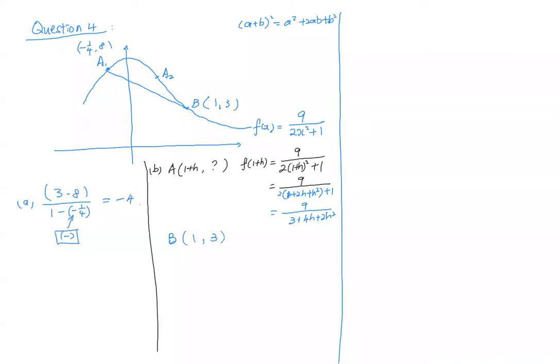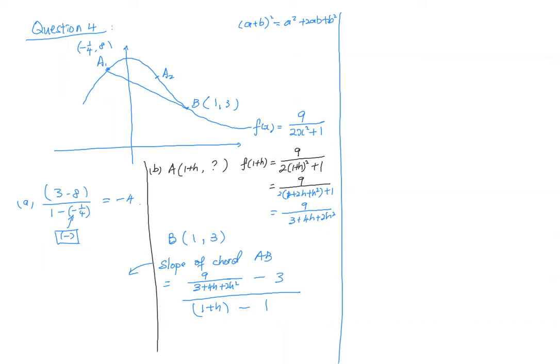So now I write down the slope of chord AB. I take y2 minus y1 divided by x2 minus x1. So this is the average rate of change. Understand?